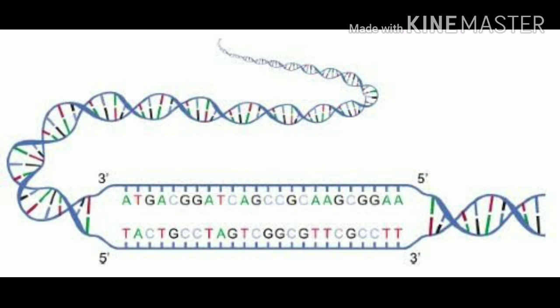If one strand has a G, opposite to that in the second strand there will be C. That is how they come as complementary pairs. You can see that in this picture. If in one strand T comes, opposite to it will be A. If in one strand C comes, opposite to it will be G. Like that it goes on. This is how it becomes antiparallel as well as complementary. This is the whole structure of DNA.